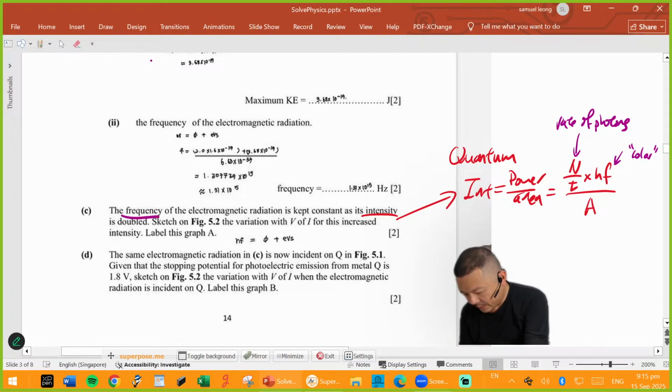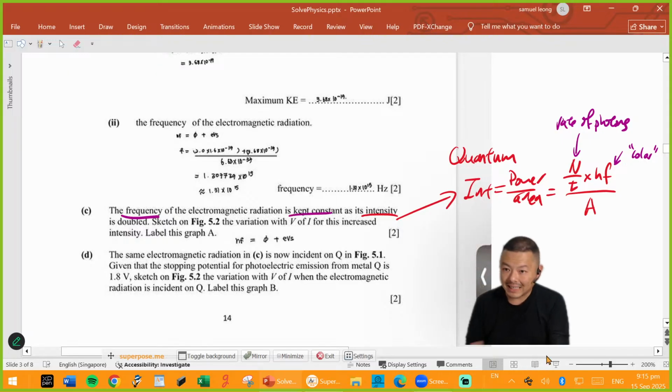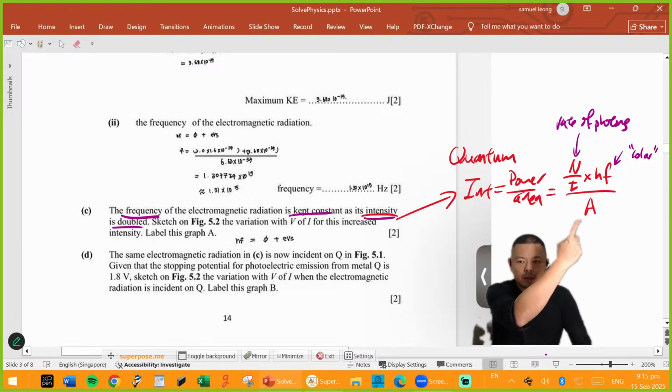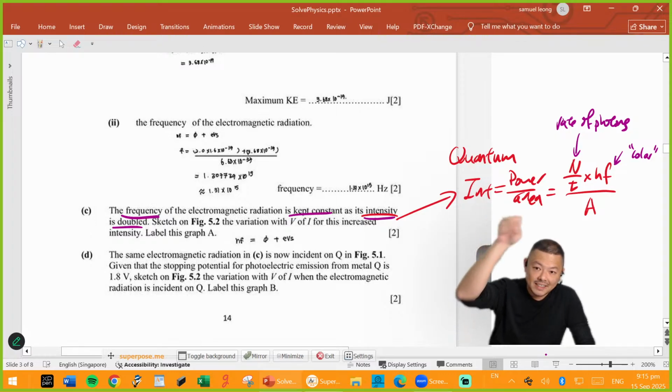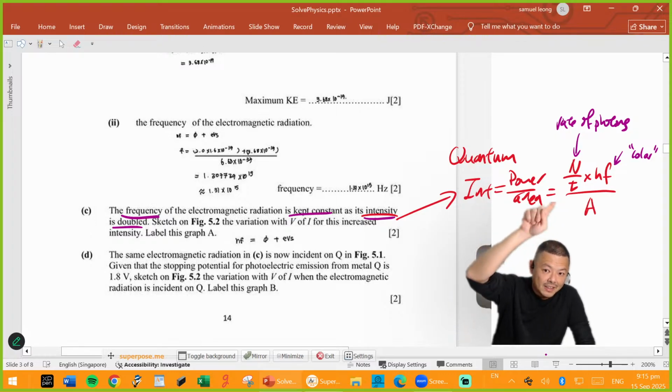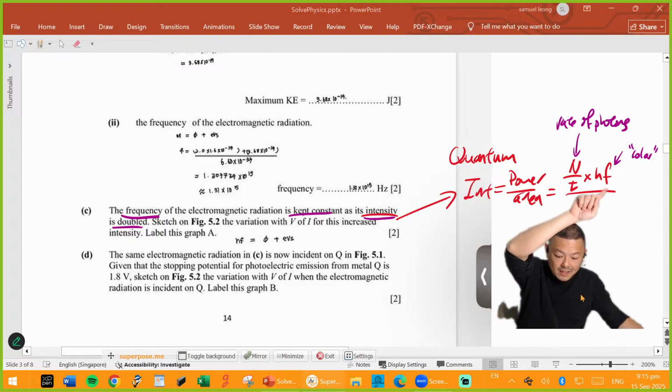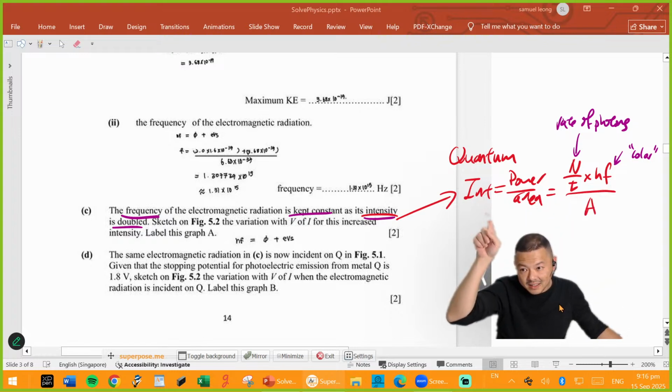So they said that the frequency is maintained, but the intensity is doubled. What are you changing here? You're changing the intensity, yes, but intensity has two factors. We are keeping the frequency constant, but doubling the intensity.